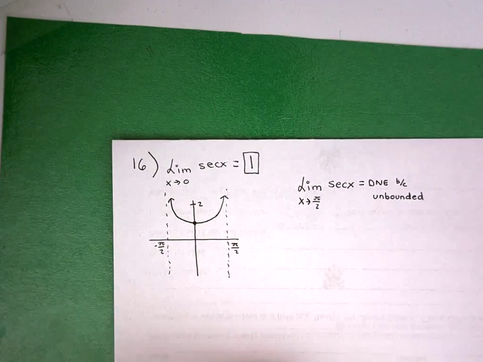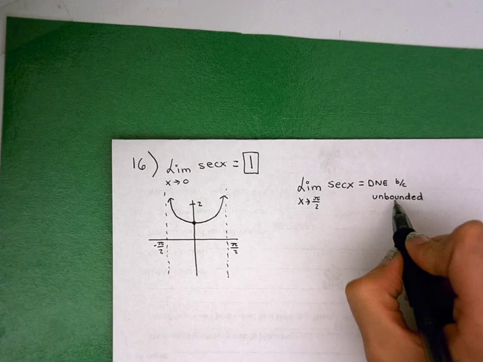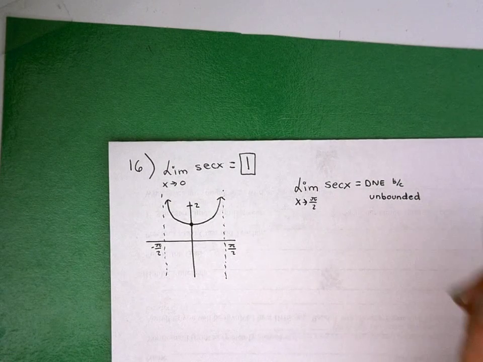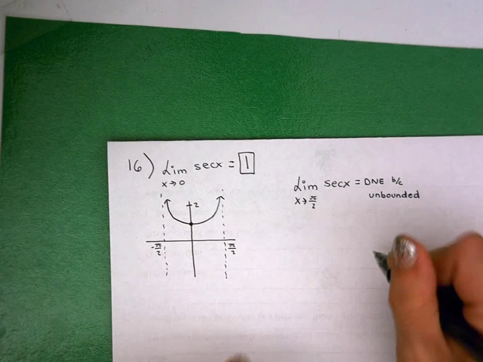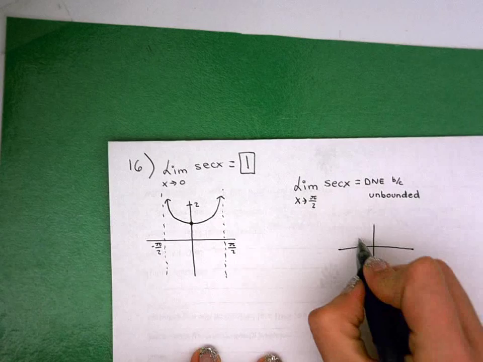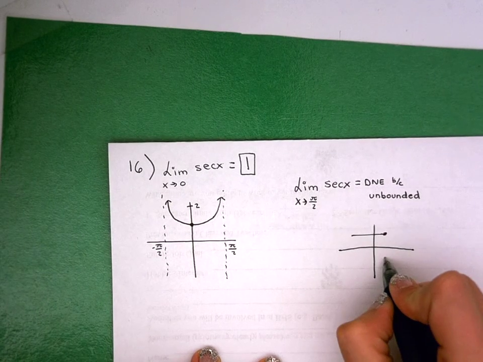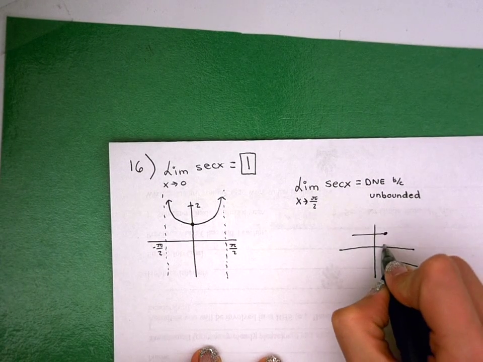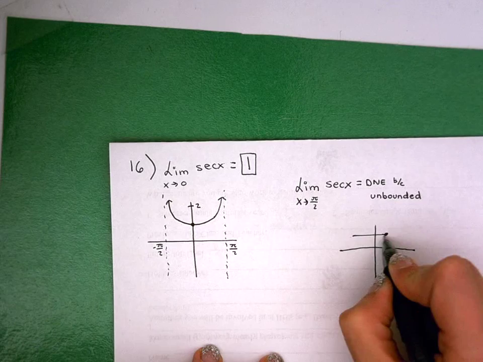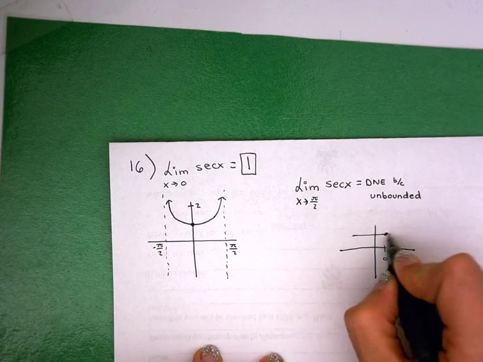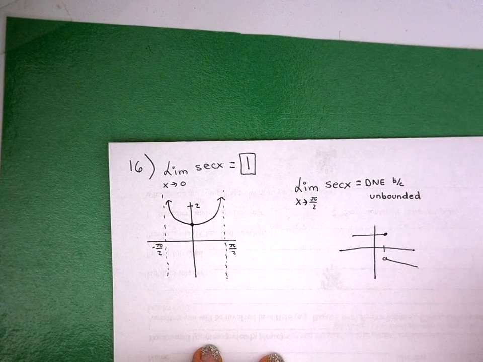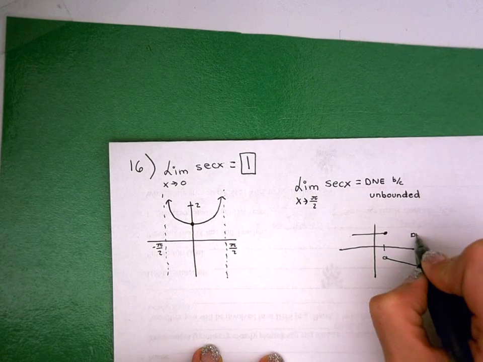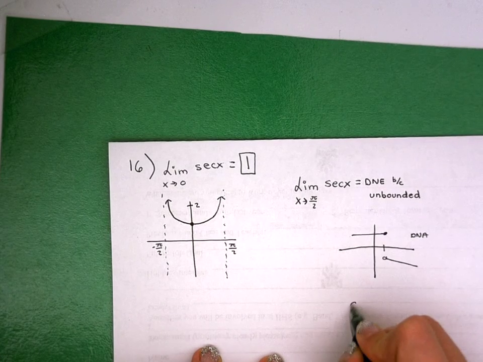And there are 2 more cases where it does not exist. When it's unbounded, when it does not agree, right? So 2 graphs that approach like this. It doesn't agree here. It approaches this positive y value from the left and a negative y value from the right. This is does not agree, or oscillates.